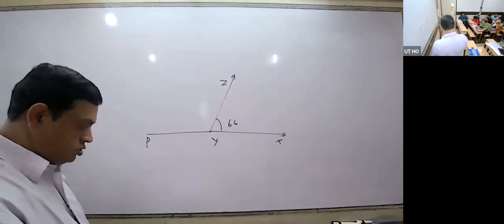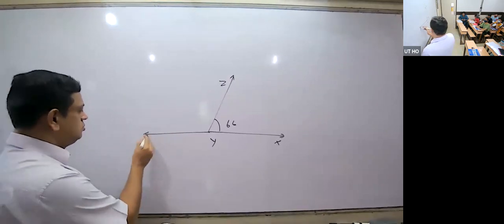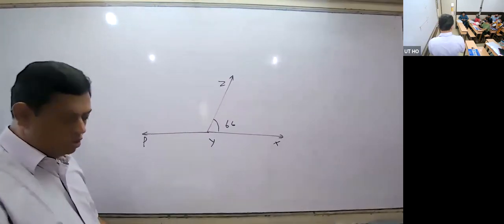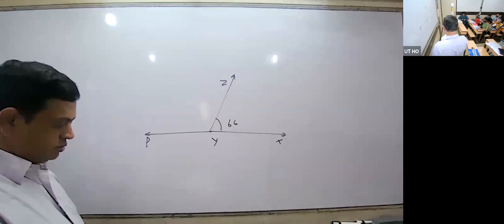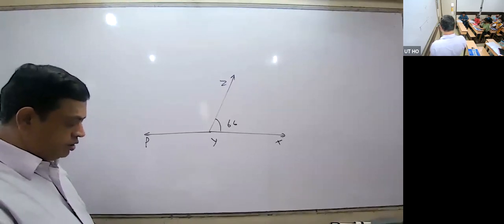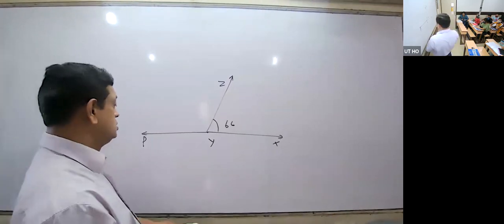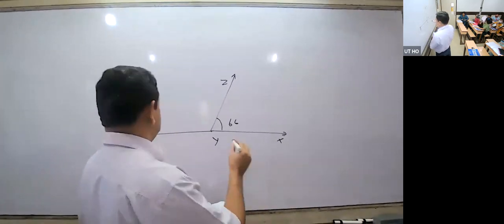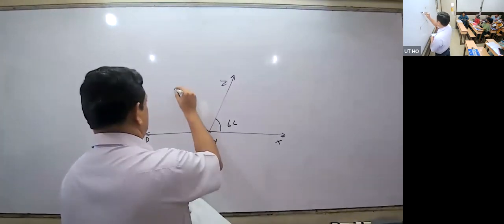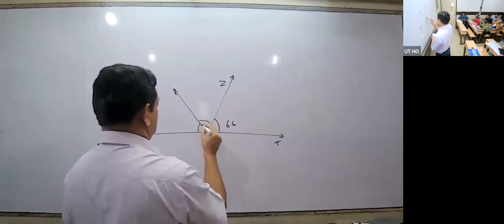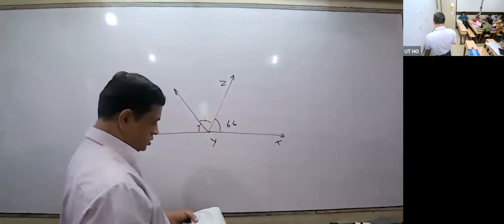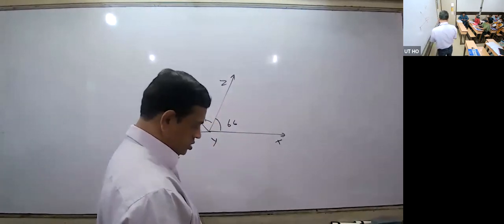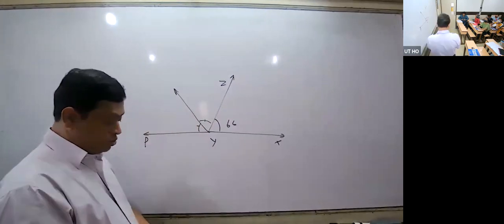Draw the figure as given. Then, if ray YQ bisects angle ZYP, these two angles are equal. And next is to find angle XYQ.